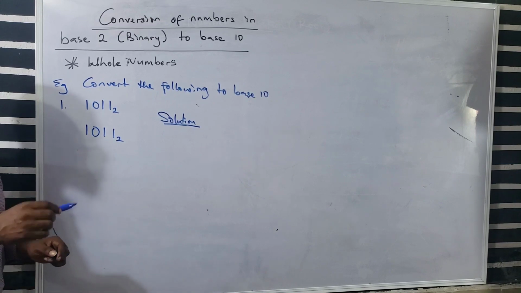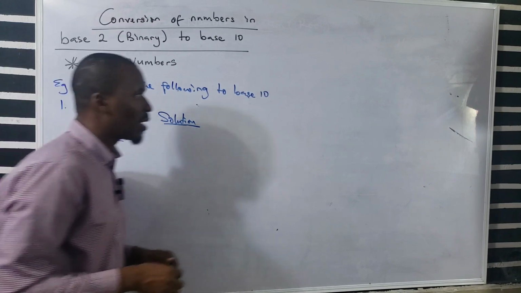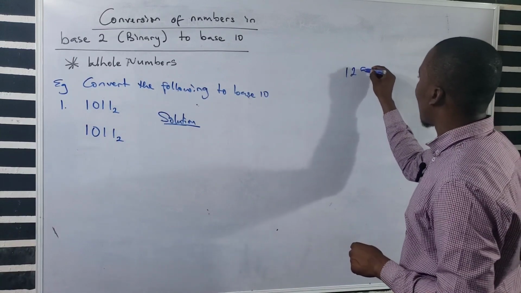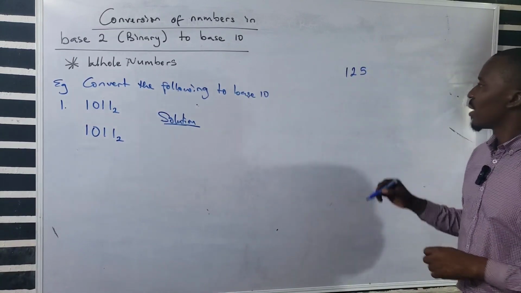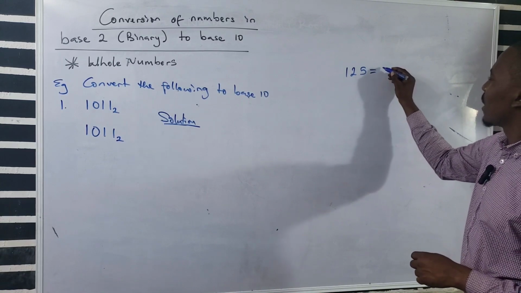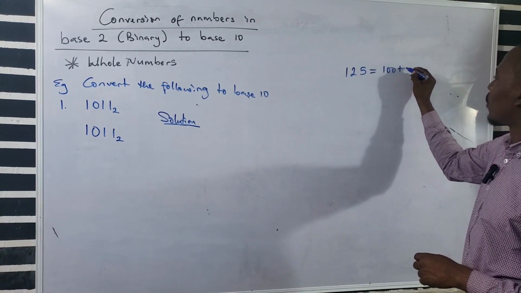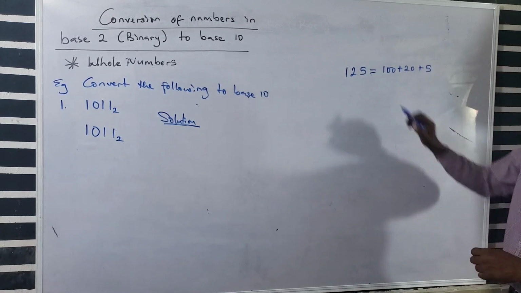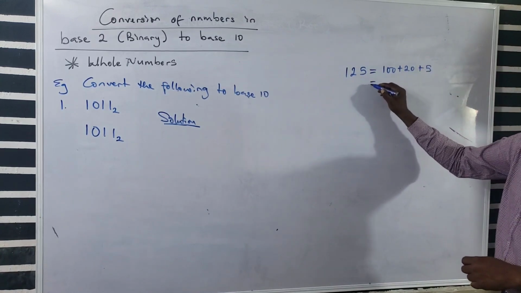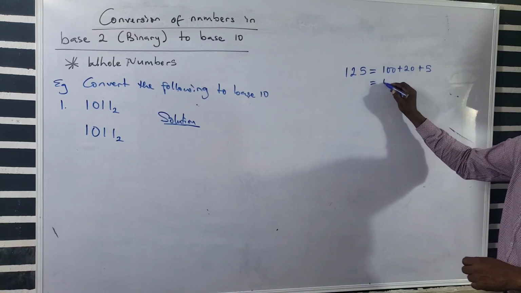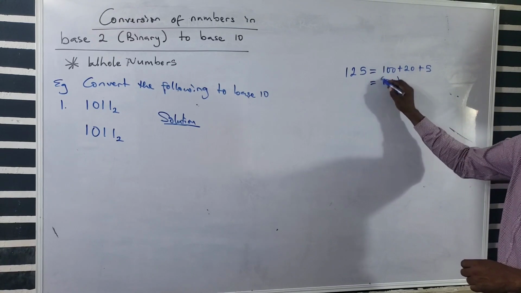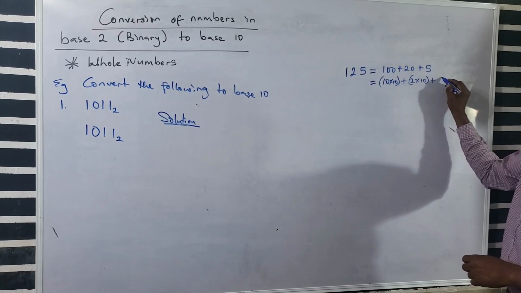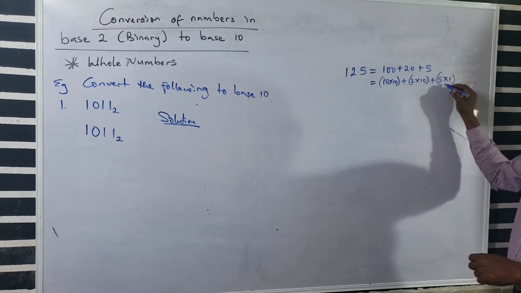Let me take you back to base 10. Numbers that we know. We know that 125 in base 10 is the same thing as 100 plus 20 plus 5. Remember, this is base 10. So this gives us 10 times 10 plus 2 times 10 plus 5 times 1.